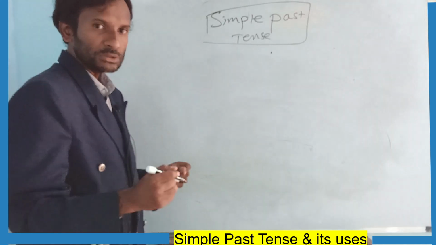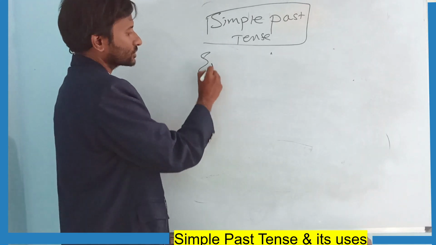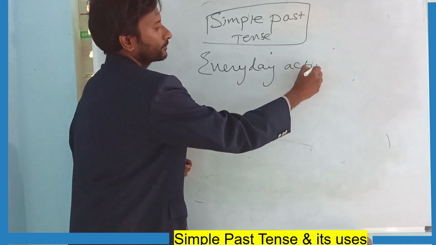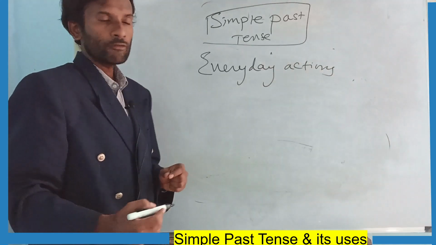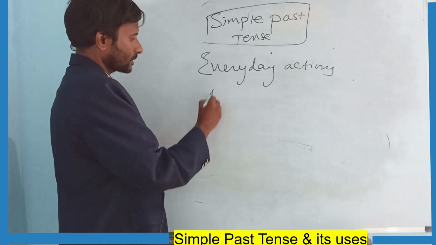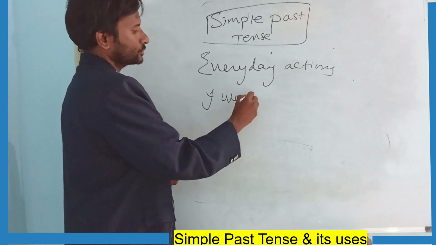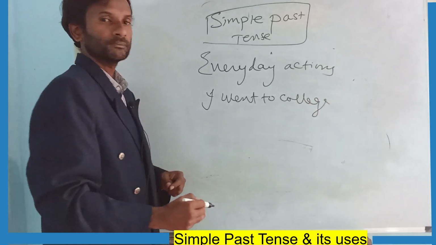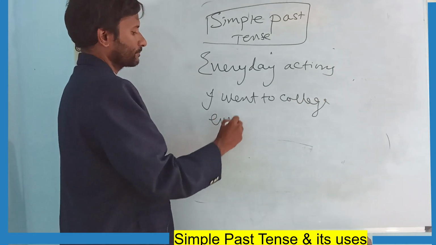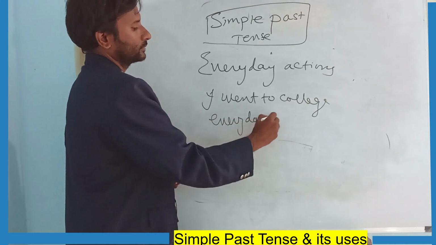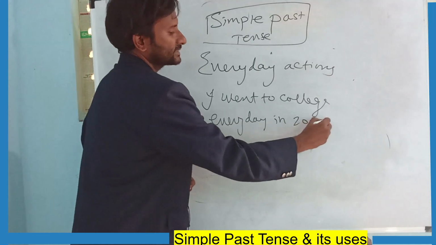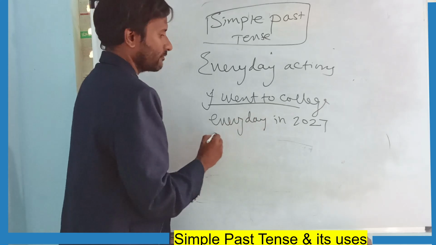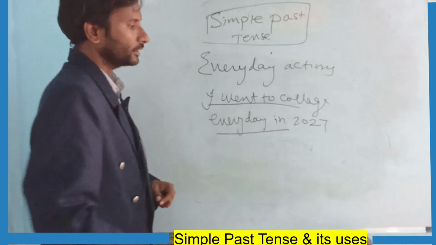Another use: we can also use simple past tense for everyday actions. Okay. So everyday actions like, I went to college every day in 2024.